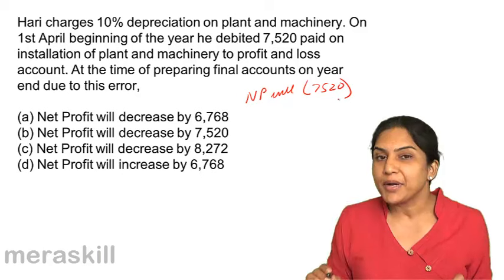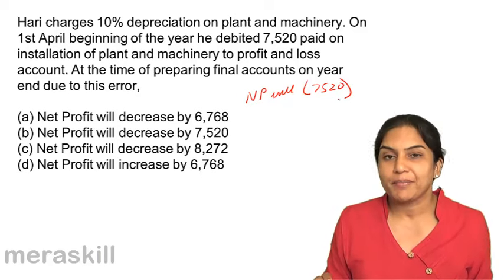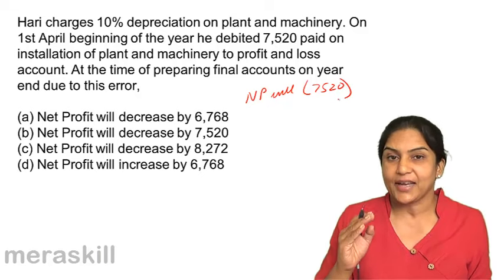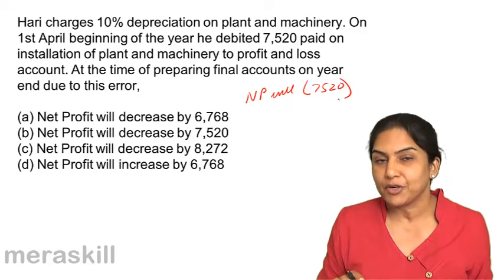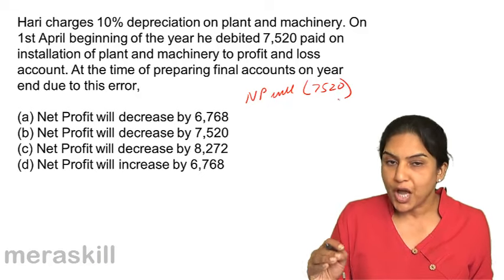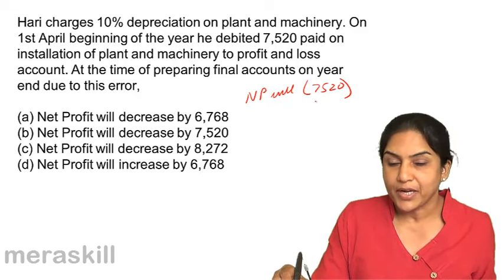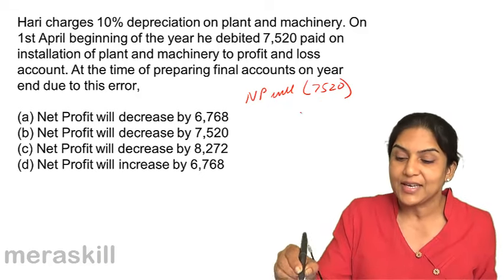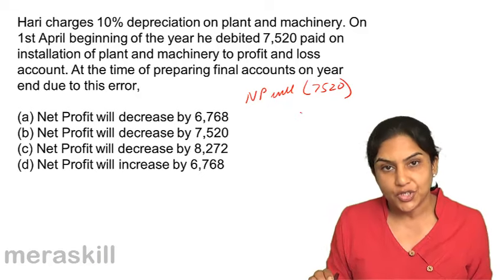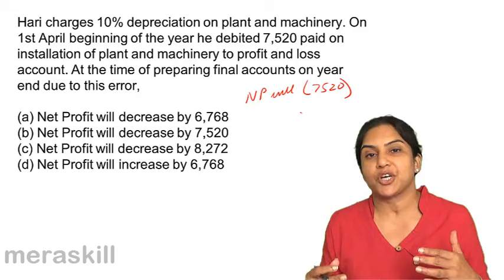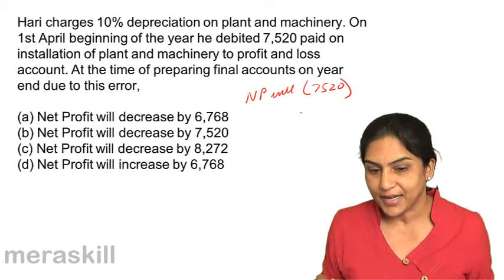But there is an element of depreciation. So what happens if there is depreciation? In that case, if I had correctly taken it, I would have charged some element of depreciation and to that extent my profit would have come down. So now the net profit would be down by not 7520, it would be 7520 less the amount of depreciation on plant and machinery, which I have not charged, but would have charged if I had taken it correctly.